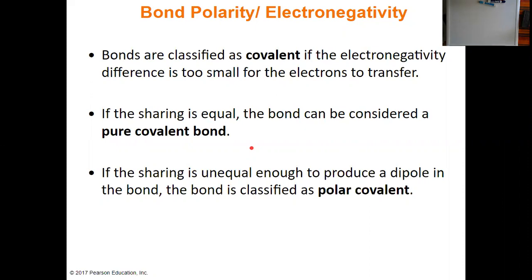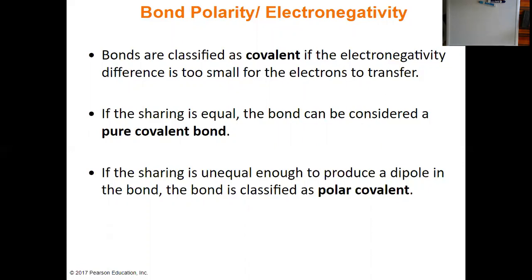Bonds are classified as covalent bonds if there is not enough energy to transfer electrons, or the electronegativity difference is too small for an actual electron transfer to happen. So anything below a full electron transfer, which would be an ionic bond, is considered a covalent bond. But now there are different levels of sharing.